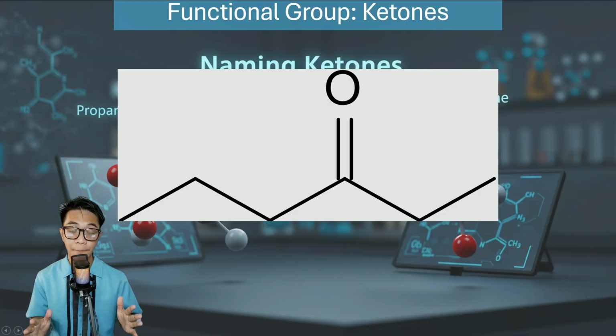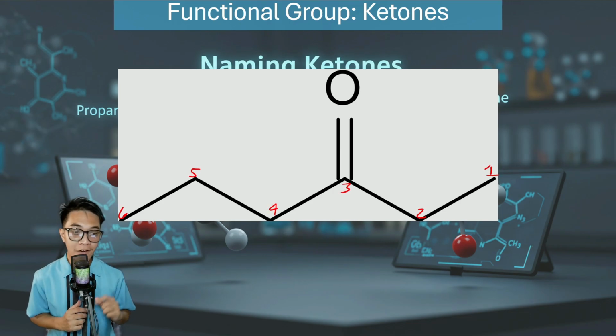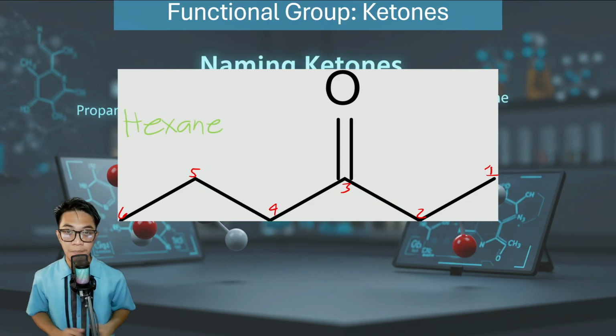Let's have another example in naming our ketone. First things first, we have to count the number of carbons in the chain in our example. In this case, we have 1, 2, 3, 4, 5, and 6 carbons, and since we can't see any double or triple bond, this parent chain is named hexane.